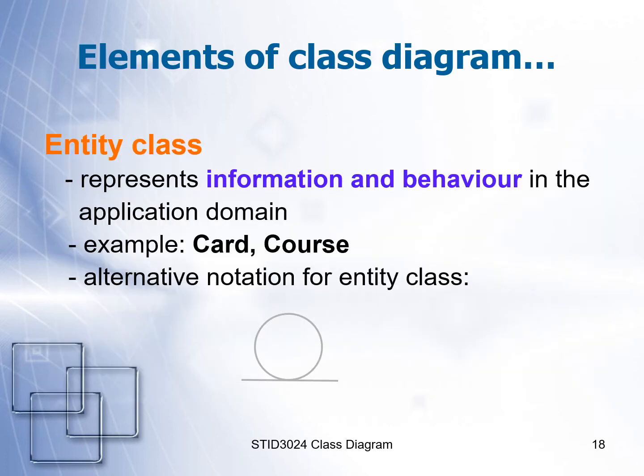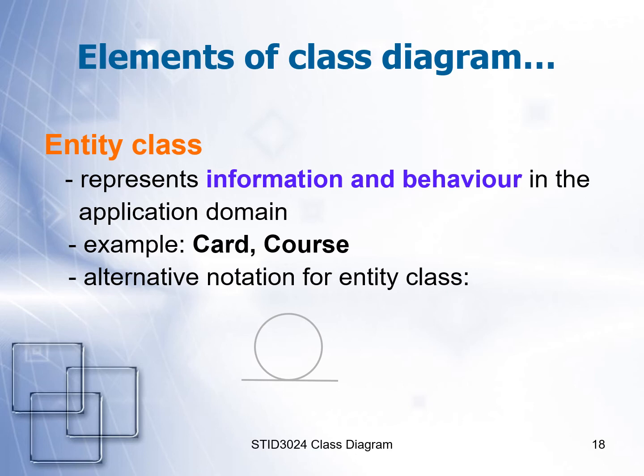Let's move on to the second stereotype for the class diagram. This is called entity. I think most of you, when you are drawing class diagram, you will be identifying the entity class first. So entity is used to represent the information and behavior of the application domain or the system that you want to build.